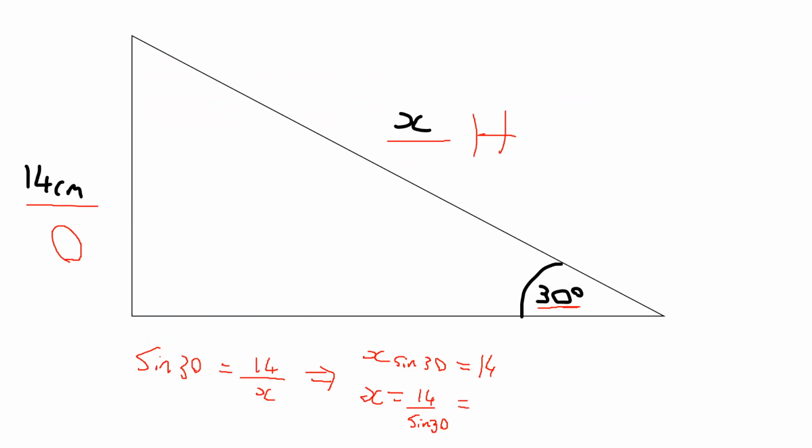Which means that this is the same as 14 divided by a half. And that's just the same as 14 times 2. So x is equal to 28 centimeters. Okay? So it's the exact same as what we've been doing, only this time we're just substituting in these values.